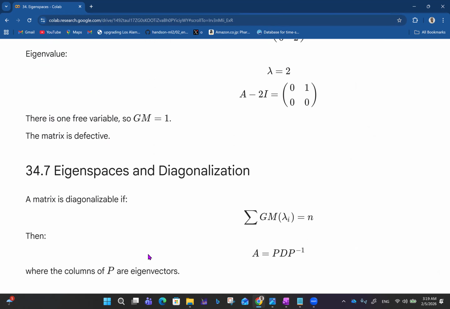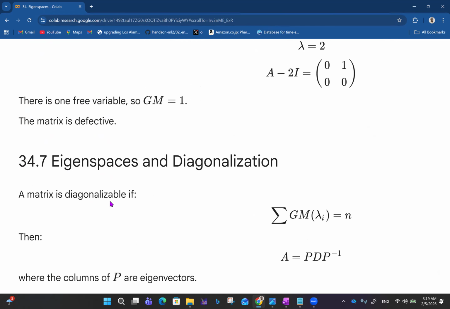Then we talk about eigenspaces and diagonalization. A matrix is diagonalizable if the sum of all the geometric multiplicities GM of lambda i is equal to n, right?